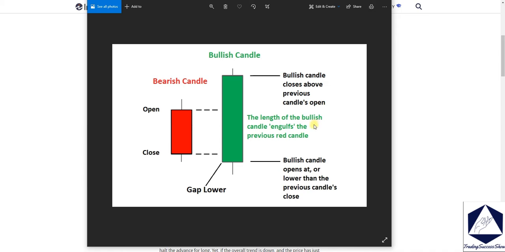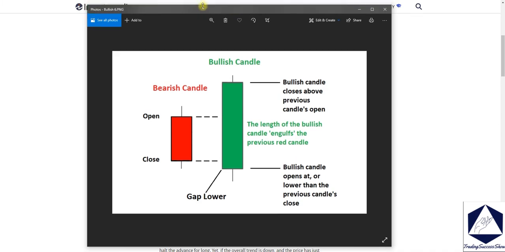The length of the bullish candle engulfs the previous red candle. The bullish candle opens at or lower than the previous candle's close. Pretty much that is the summary of your bullish candle. Don't worry, I'm going to show you this candle on the AMC chart as well, right?